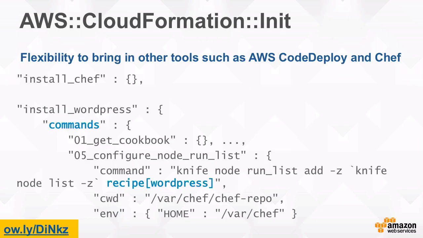So many of you may already be using other configuration management tools or code deploy tools such as Chef or Puppet, or maybe even AWS CodeDeploy. This example here shows you how you could use Chef to configure the Chef client on an EC2 instance, and then execute the knife command in Chef to execute a recipe for a WordPress install.